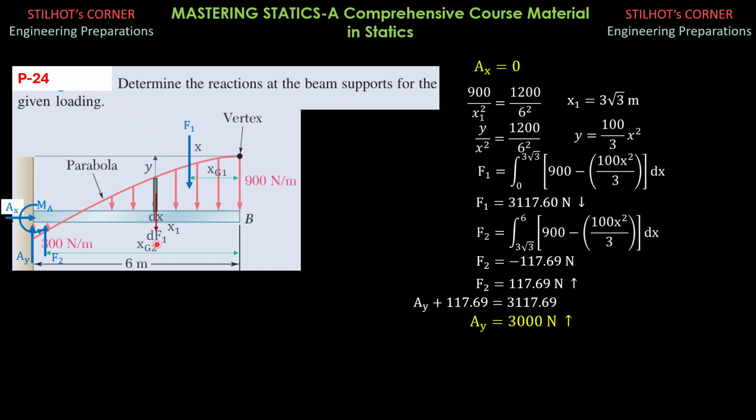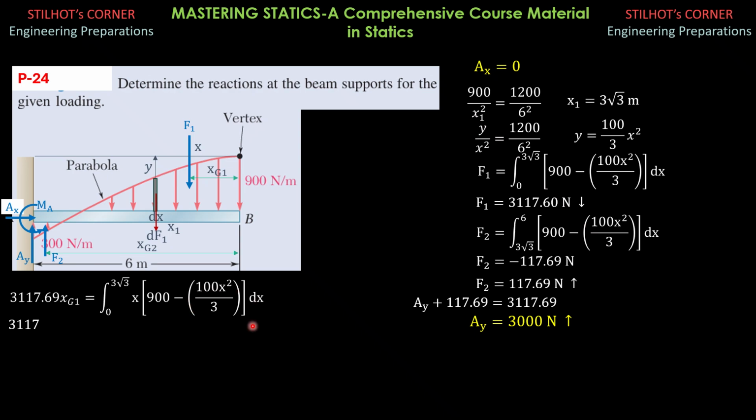The moment arm is x and the differential area is of course the same, 900 minus 100 x squared over 3. So F1 times xg1 equals the integral from 0 to 3 square root of 3. The moment arm of F1 is x, and this is the differential area, height 900 minus y dx.